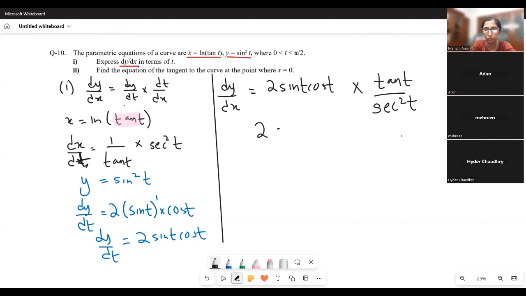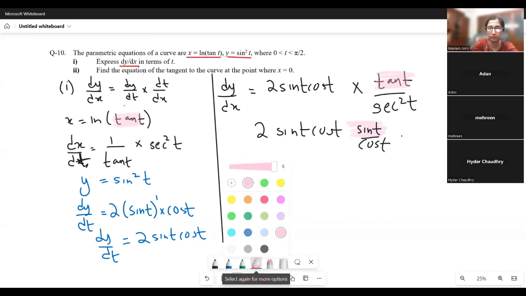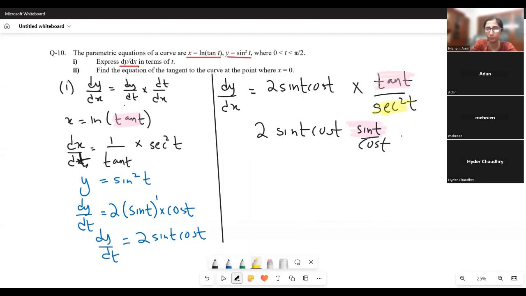So 2 sin t cos t, and then instead of tan, I'm going to write sin t by cos t, and secant square t goes up, becomes cos square t.